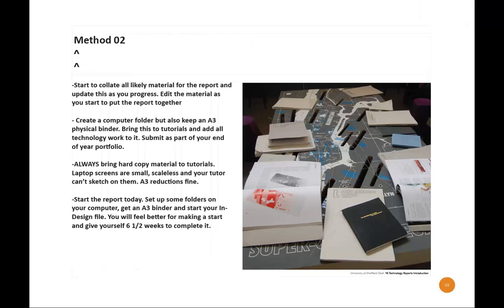Go down to Staples or whatever, and just buy a cheap A3 binder. They're about £3 or something for an A3 clip folder. And start putting things in it. If you have a drawing, if you have a precedent, put it in there. Bring this along to all your tutorials, whether they're technology tutorials or design tutorials. Bring it along. Okay?